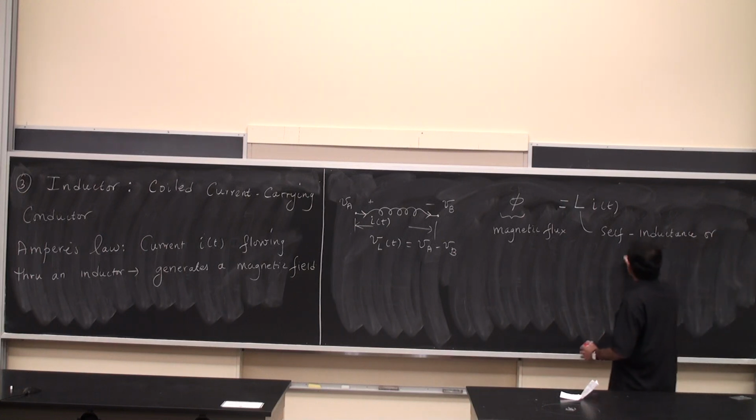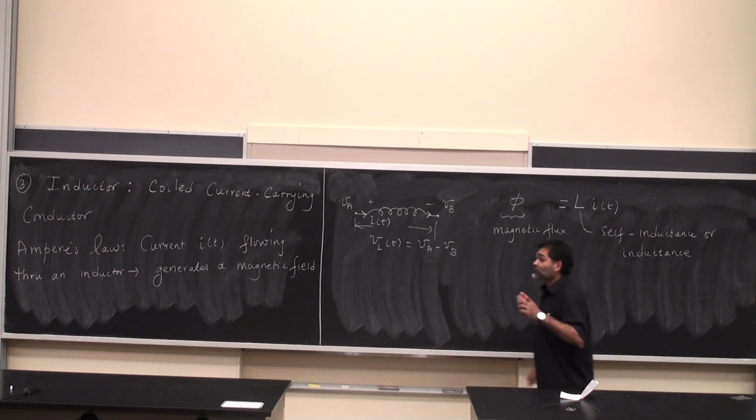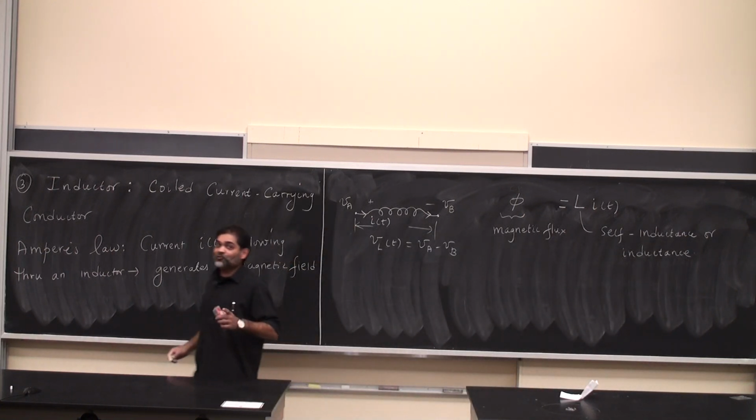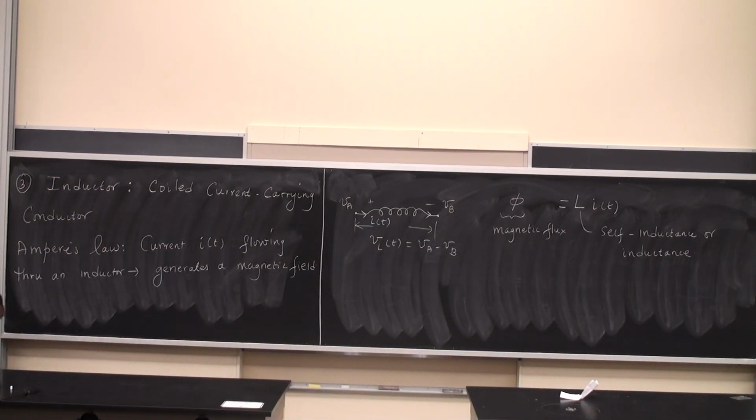Or just inductance for us. This is different from mutual inductance. I'm not going to go into the details of those things. It's not relevant to us, but make the distinction in your mind.